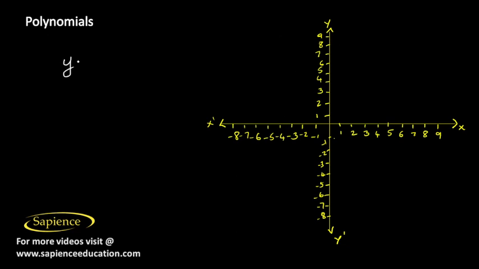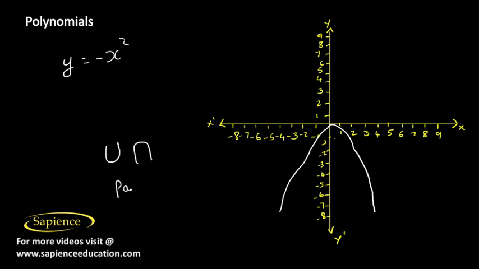No, we can consider this equation, and if we plot the graph for it, it will look like this. So the U shape will be facing downwards. It doesn't matter if the parabola is like this or like this. Both are called parabolas only.